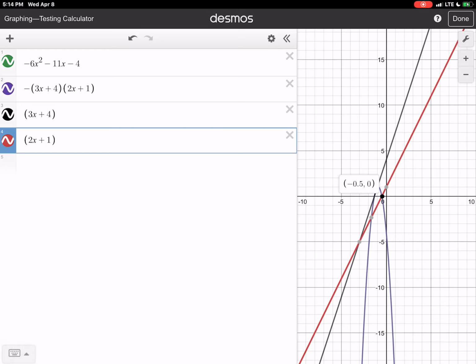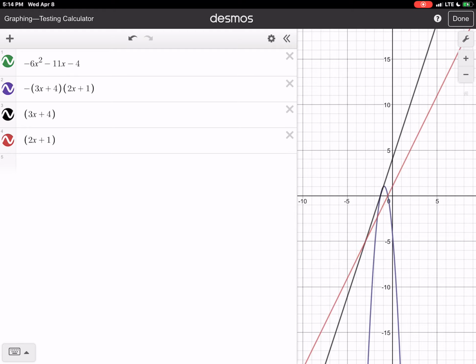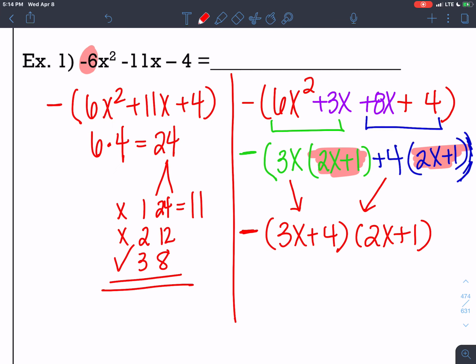And it intersects exactly right there. So yes, these are my correct answers. So if this was equal to 0, I would say that x is going to be equal to negative 4/3 and also negative 1/2. And those were exactly the x-intercepts that I found.